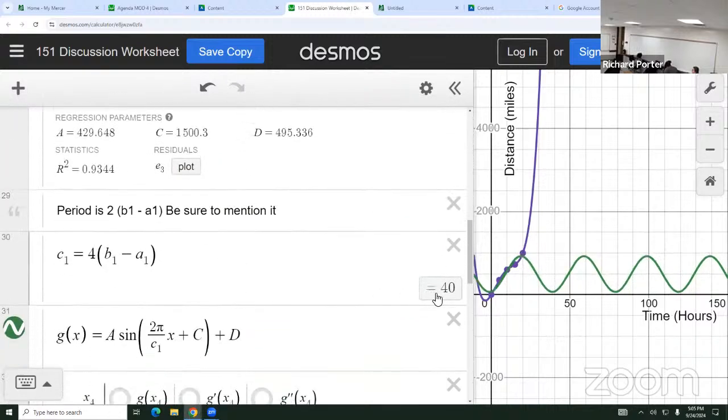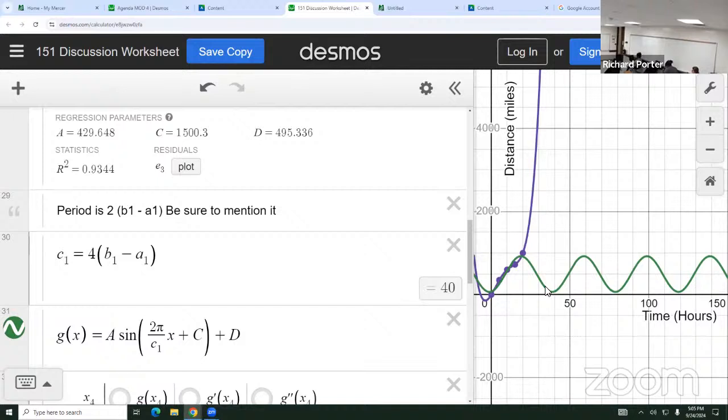Period is now 40. So that's 40 hours. That makes more sense. Driving to Florida and coming back, 20 hours. If I could drive continuously without stopping, it would be 20 hours there and 20 hours back. See why that could be, this has a period of 40.